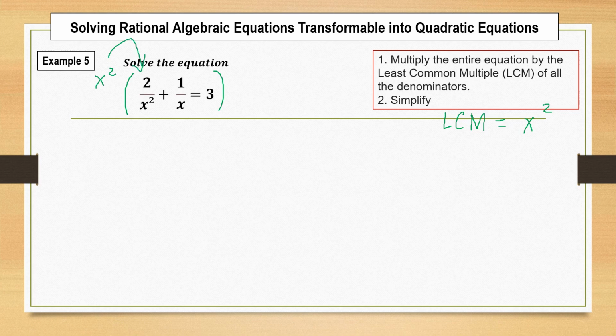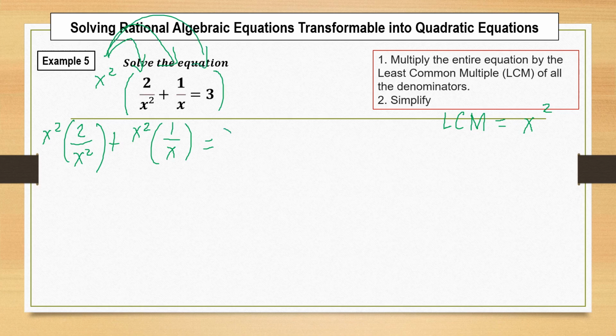By distributive property, we have x squared times 2 over x squared plus x squared times 1 over x. And then x squared times 3. Now what we're going to do is we will look for possible cancellations.